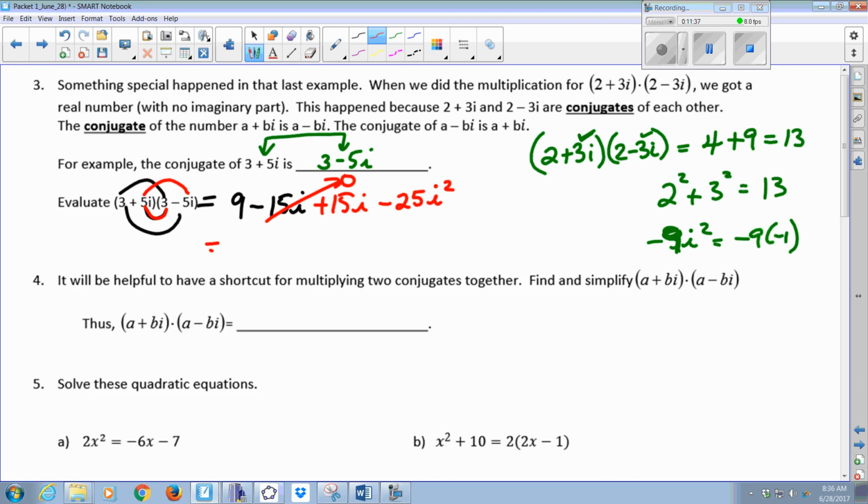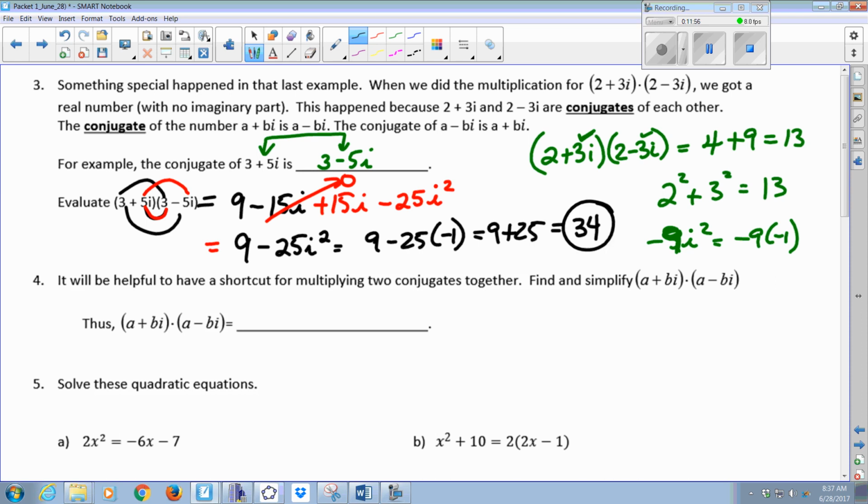So now when we simplify this, we get 9 plus 0, so we don't have to put that in, minus 25i squared, which is 9 minus 25 times negative 1, which is 9 plus 25, which again just gives us the real number 34 with no imaginary part.